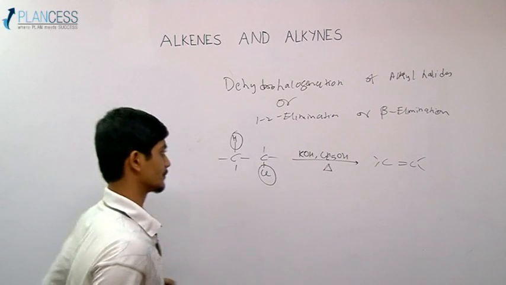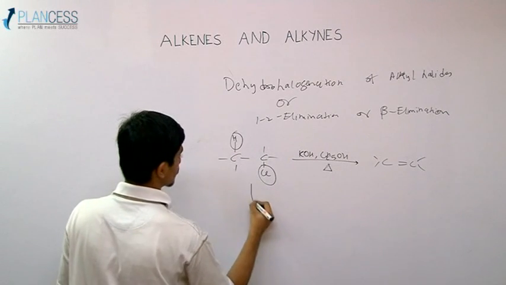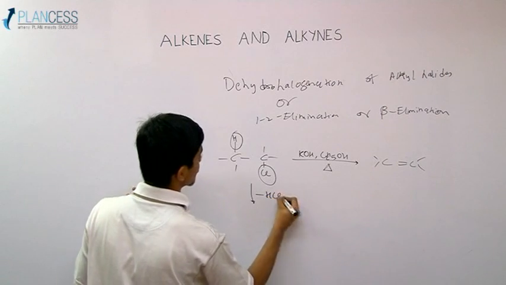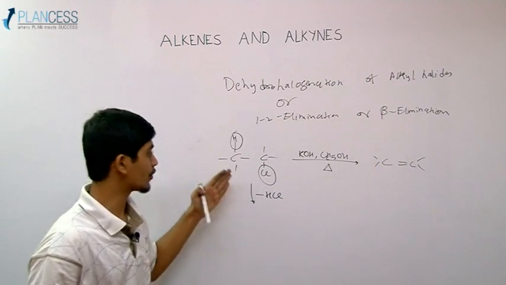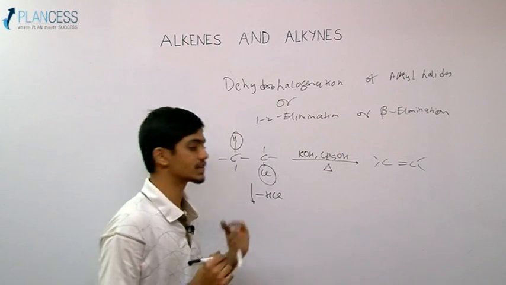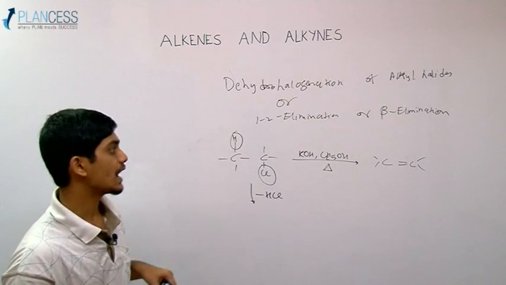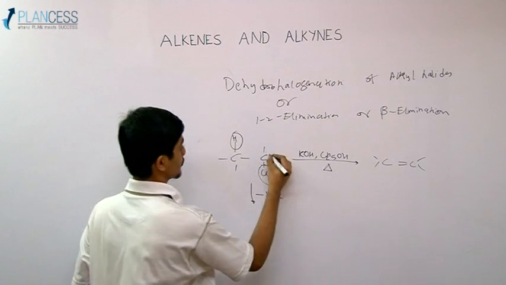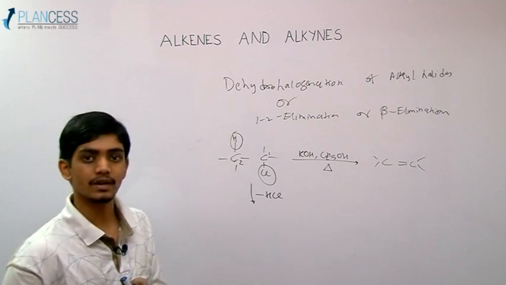1,2 elimination. Here exactly what happens is, from this overall molecule, if you minus HCl, what do you get? Alkene. If you consider the molecular formula for this and the molecular formula for this, there is a difference of an HCl molecule. That means it is elimination. And what type of elimination? Suppose this is the first carbon, then the elimination is between the first carbon and the second carbon.